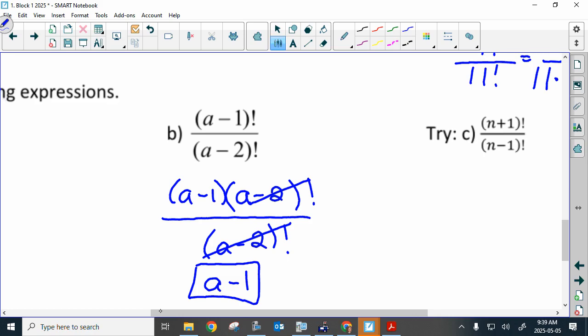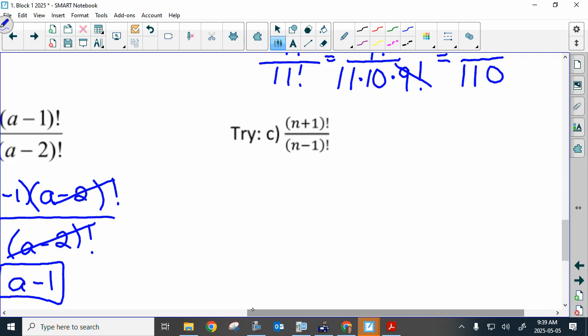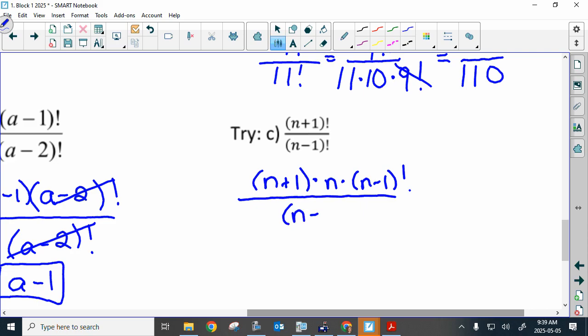Okay, which one's bigger, n plus 1 or n minus 1? What's 1 less than n plus 1? N. Okay, just let that sink in for a second. Do you see that one less, like if I put n plus 1 minus 1, we'd end up with n.